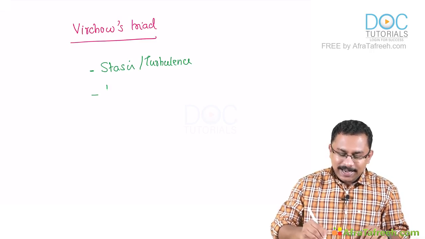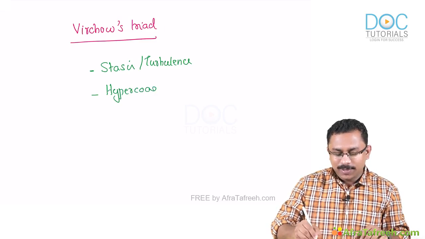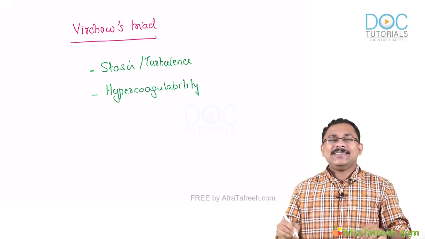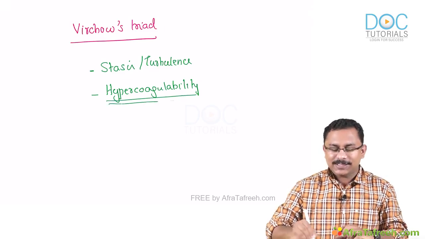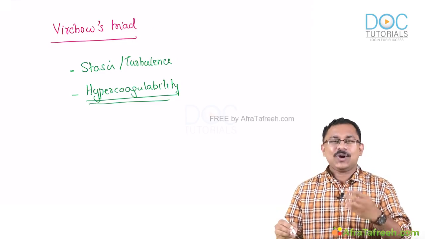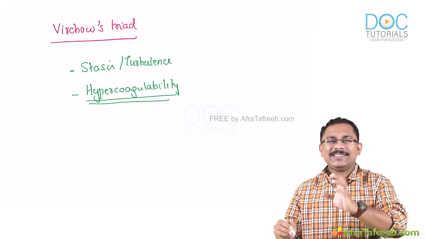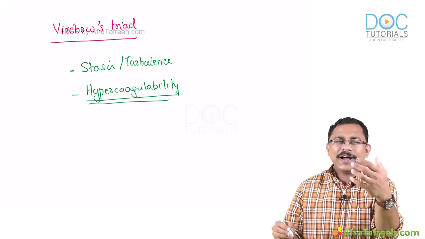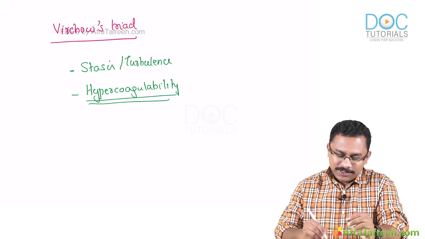Second is hypercoagulability, which means there are certain conditions that can predispose to thrombus formation, like a protein C deficiency, protein S deficiency, antithrombin 3 deficiency. A lot of hypercoagulable states are there, which can predispose to thrombus formation.